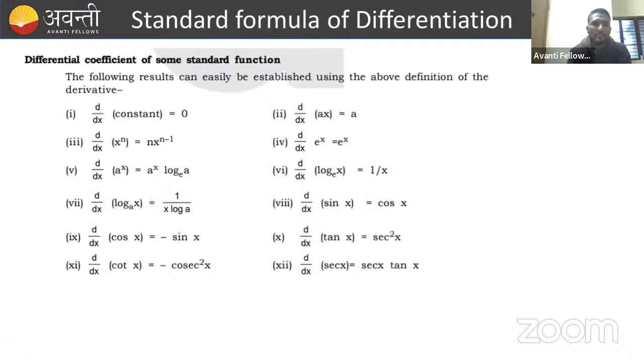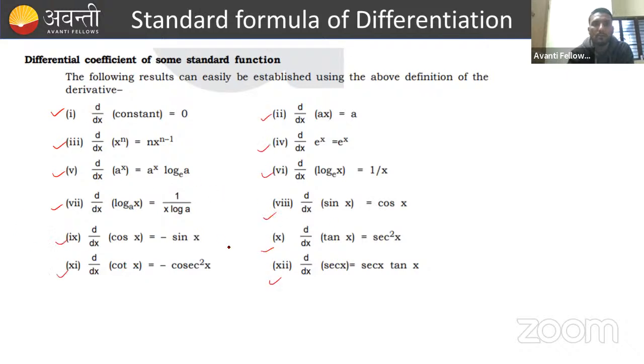Now, these are some standard formulas that you have been seeing for a long time: dy by dx of a constant is equal to 0, x to the power n. These are the differentiation formulas that you already know. I am just showing you these formulas, no need to waste our time here.